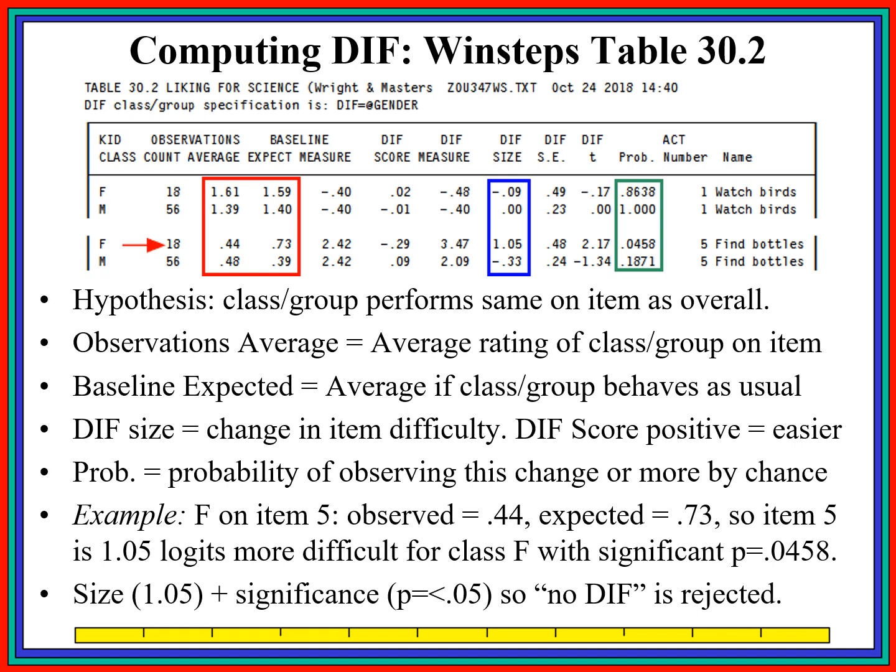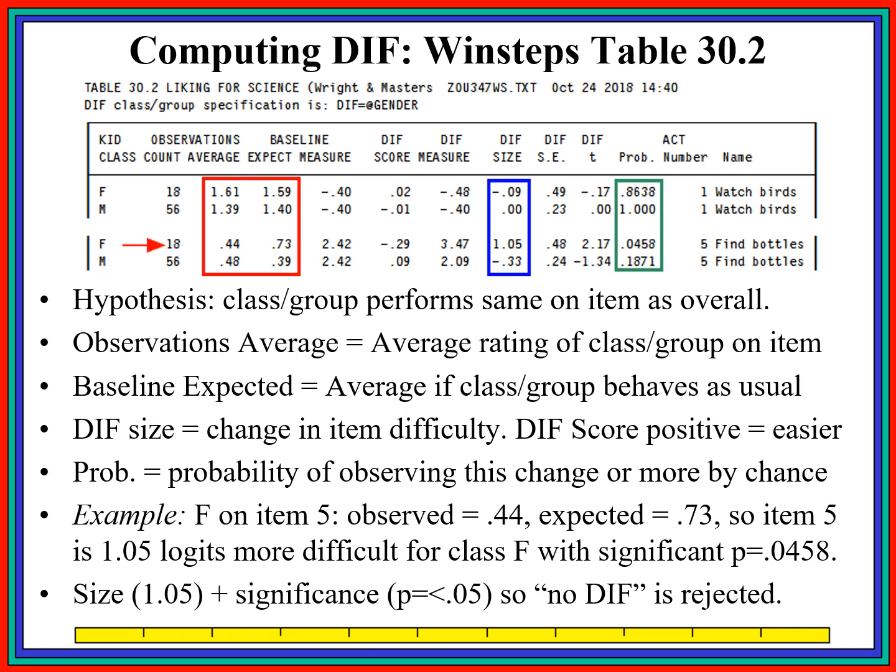This transfers into a logit difference and a diff size of 1.05. In other words, the item is a logit more difficult for the girls than we expected, and minus 0.33, the item is a third of a logit easier to like than we expected for the boys.